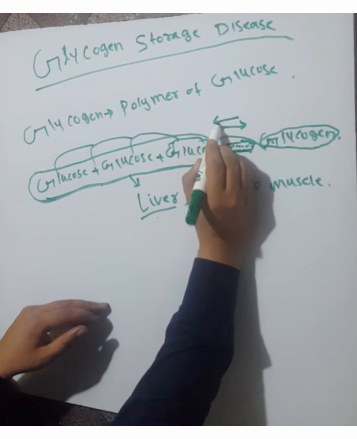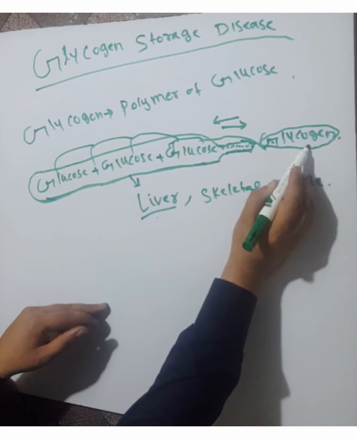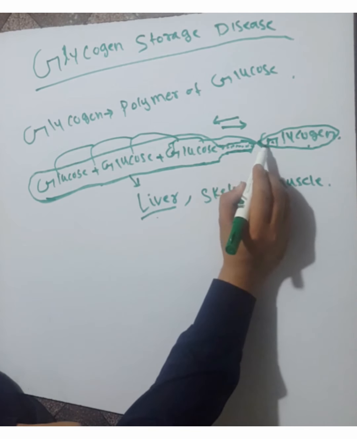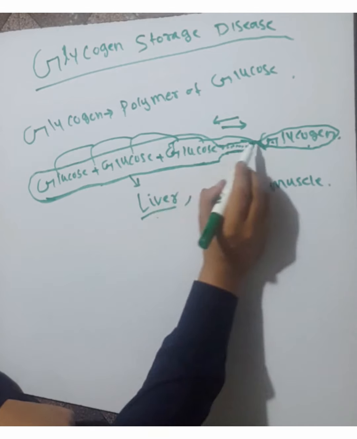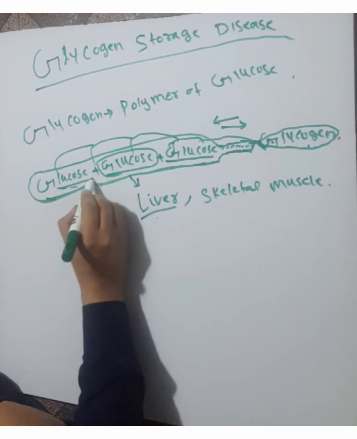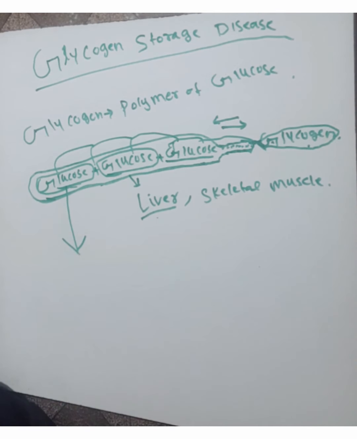They can convert into a long polymer called glycogen, and when the blood glucose level lowers, they convert from the glycogen state back into the glucose state, and the body uses this glucose.